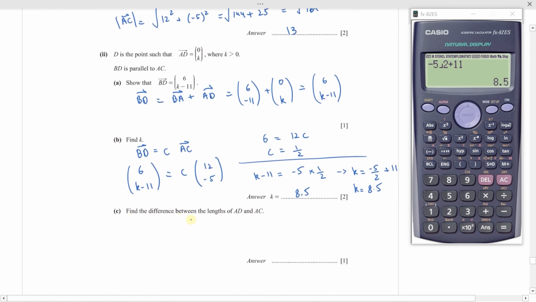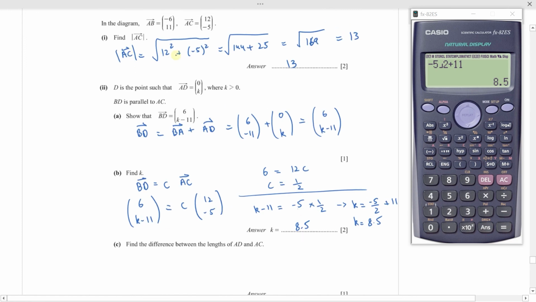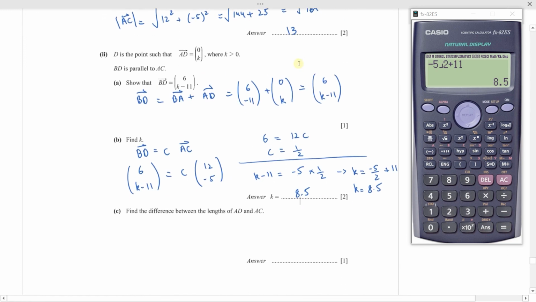Part C is find the difference between the lengths of AD and AC. So we have already found the length, or you can say magnitude, of AC is 13. Let's find the magnitude of AD. So what's AD? AD is 0K.